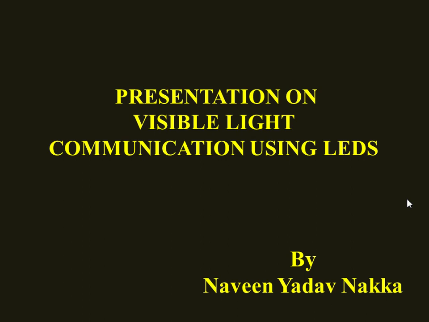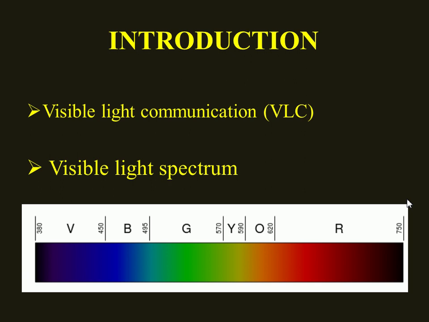Good evening, everyone. I am Naveen. I am going to give a presentation on visible light communication using LEDs. Introduction. Visible light communication refers to the communication technology which utilizes a light source as the signal transmitter, air as the transmission medium, and a photodiode as the receiving component.